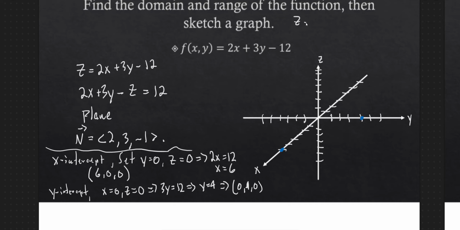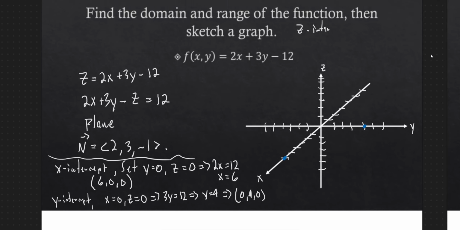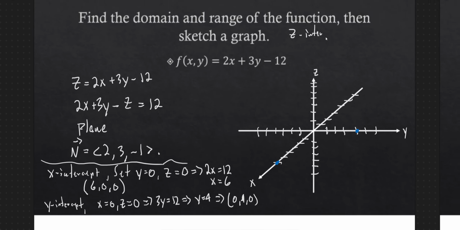Lastly, I'll do my z-intercept. So let me maybe put that up here, z-intercept. I should move this up a little bit. Some of it's out of the frame. I apologize. So the z-intercept, I get from setting x equal to 0 and y equal to 0. And that will give me, looking at my equation here, minus z equals 12.